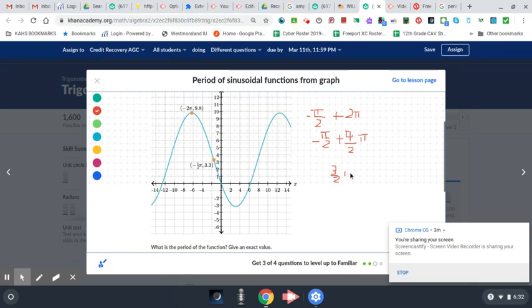So that's 1.5 pi. And then that's only 1/4. So then we're going to multiply that by 4. And if you multiply that by 4, 3 times 4 is 12, divided by 2 is 6 pi. So I think the period of the function should be 6 pi.